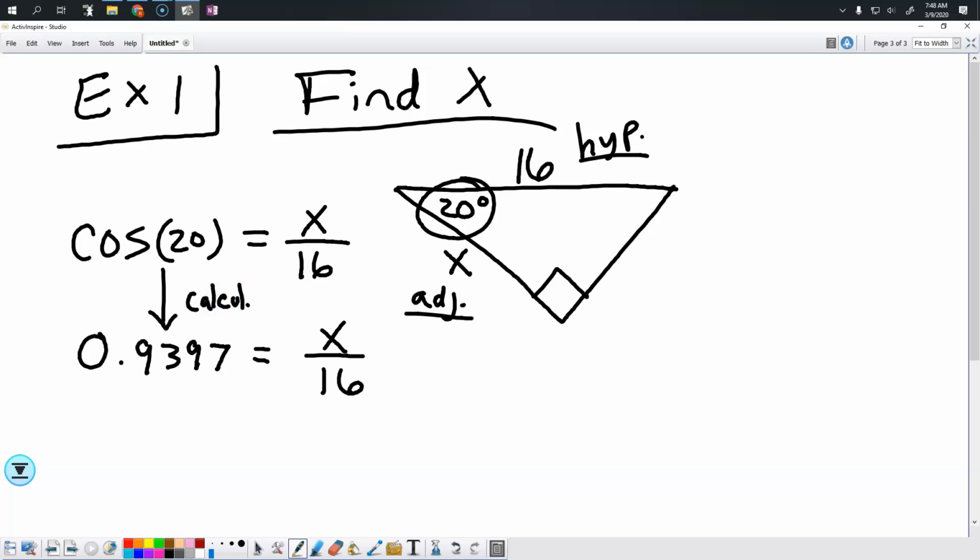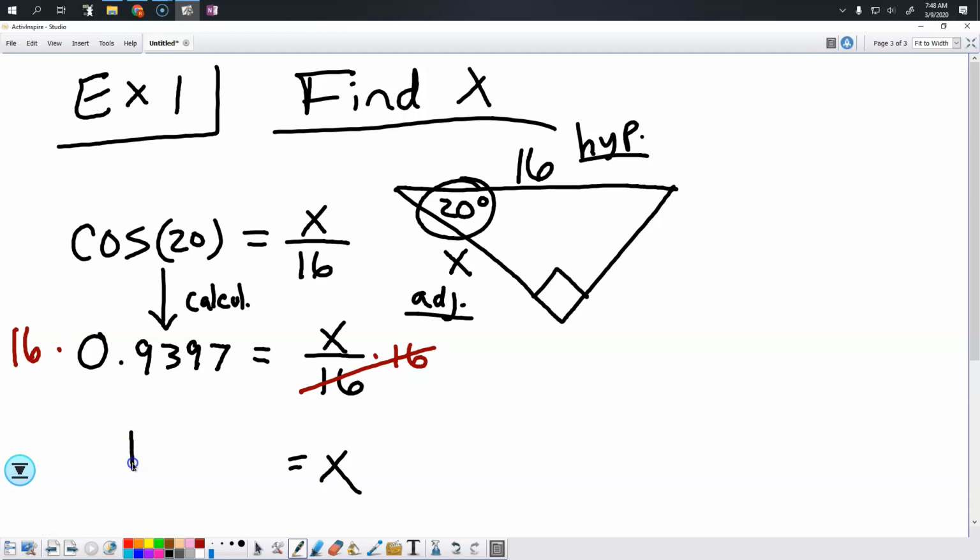The next thing we want to do is get x by itself. So in this case, we're going to multiply both sides by 16. On this side they cancel, and I'm left with x equals. And if we left our answer on our calculator from the last time we used it, we could just push times 16 now.